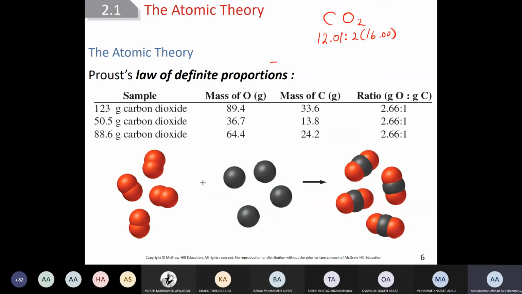Divide by 12.01. Then what are you going to get? 1 compared to what? 2.66. Exactly. Can you do the definite proportion for anything now? Yes. Okay. Do it for NO2.